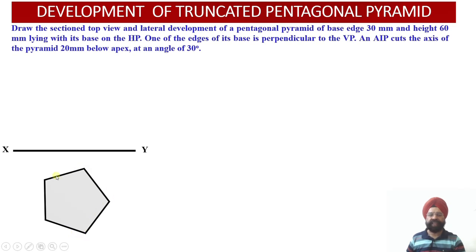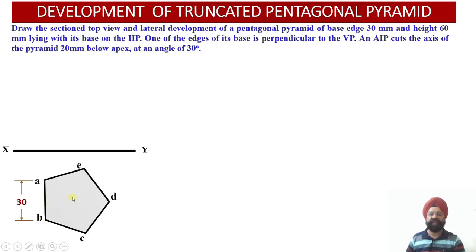Just see, this is the base of the pentagonal pyramid, and one edge of this base happens to be perpendicular to the XY reference line. Now the edge of the base happens to be 30 millimeter, and let us mark all these points of the base A, B, C, D and E, and edge AB happens to be perpendicular to the vertical plane.